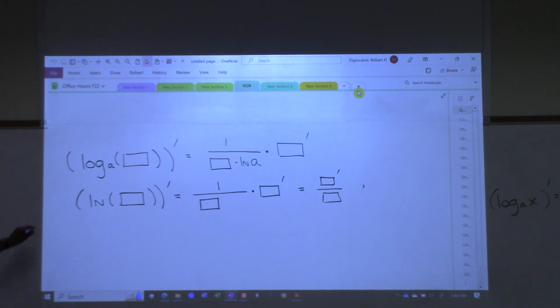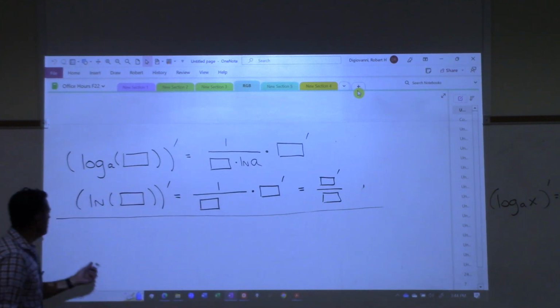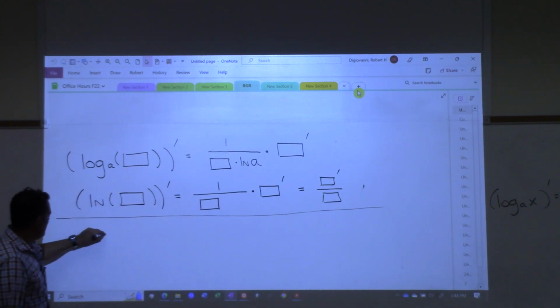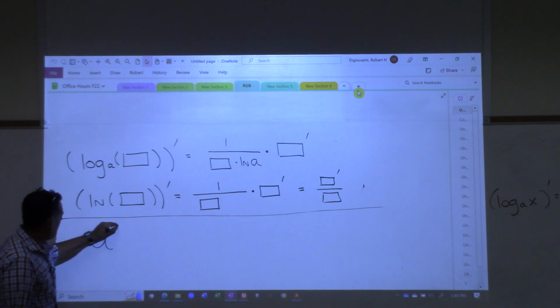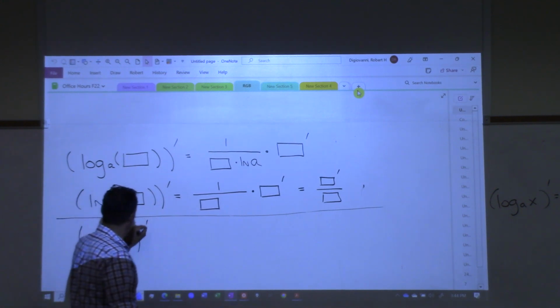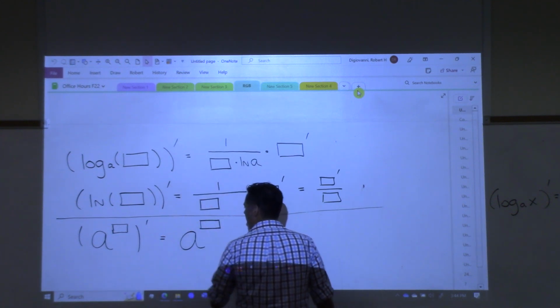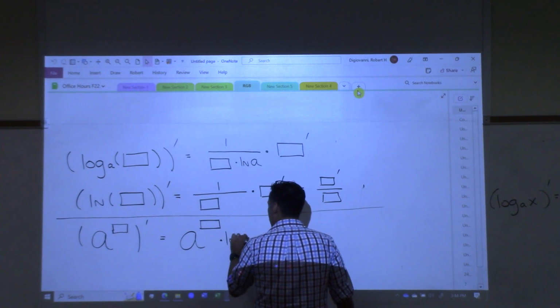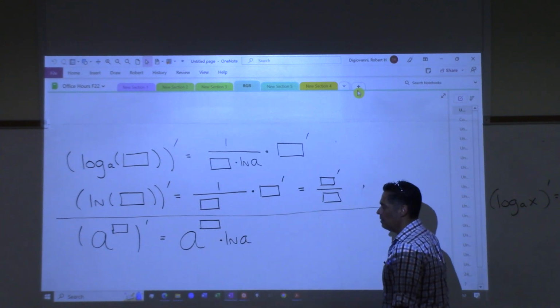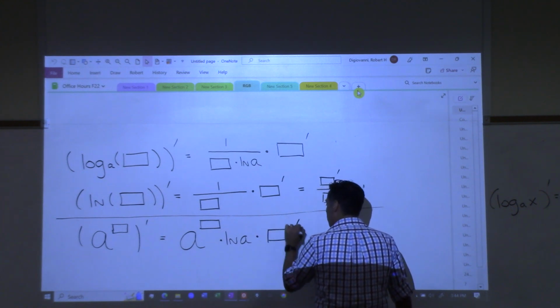All right, that's for logs. Those are the 2 generic formulas for logs. Now let's look at the exponentials. If you have a raised to a box and you want to take the derivative, it's going to be a raised to whatever that box is. Then you always have to tack on a natural log of a. And then you're not done. You have to take the derivative of whatever was up there.